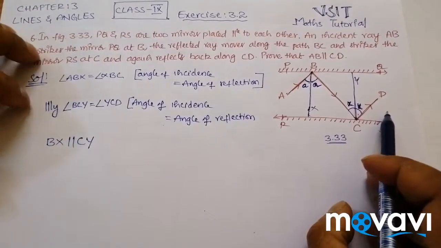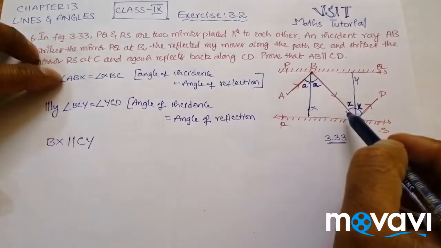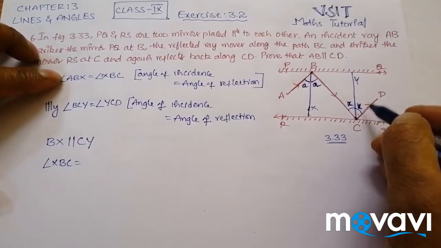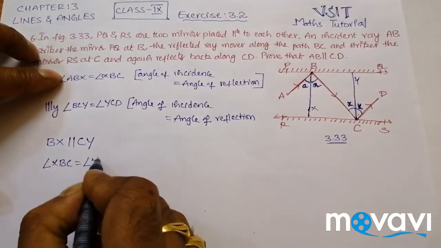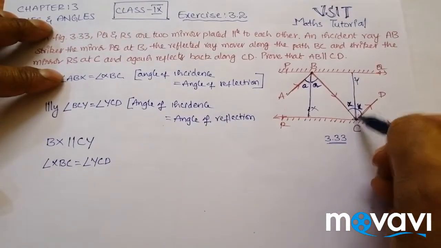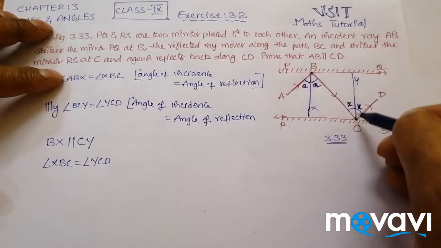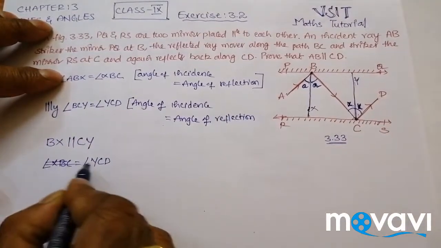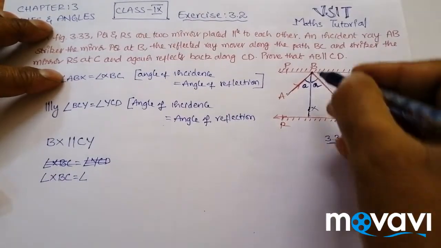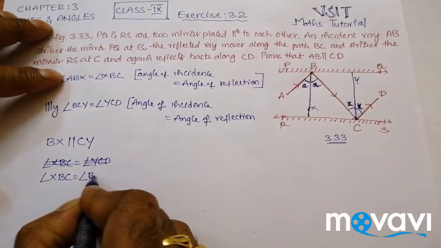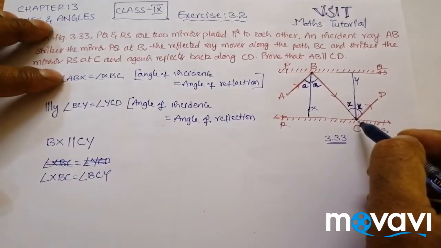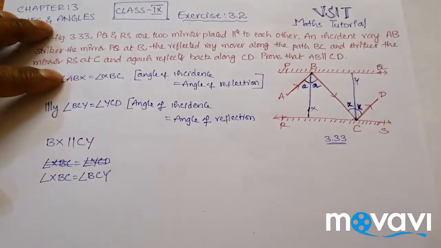Now how to write this? See, angle XBC is equal to angle BCY, sorry, not YCD, BCY, because BX is parallel to YC and BC is the transversal, so interior alternate angles will always be equal.